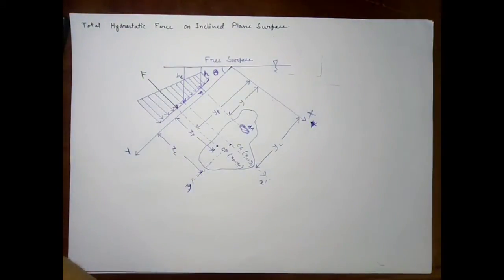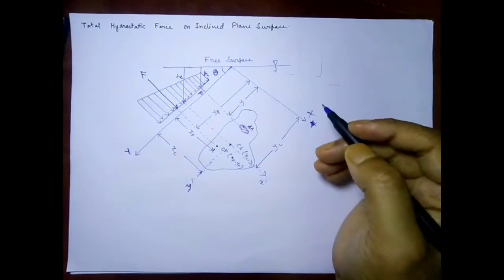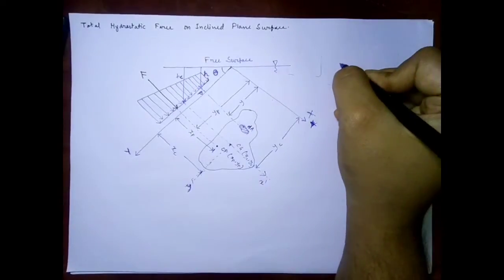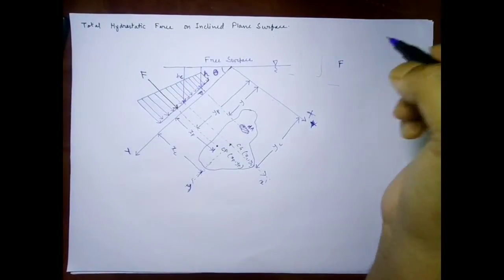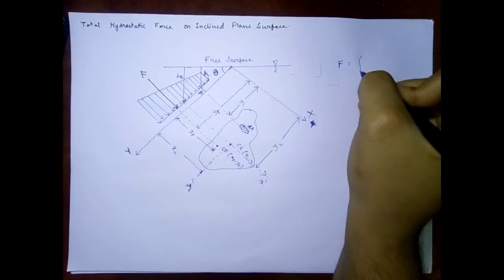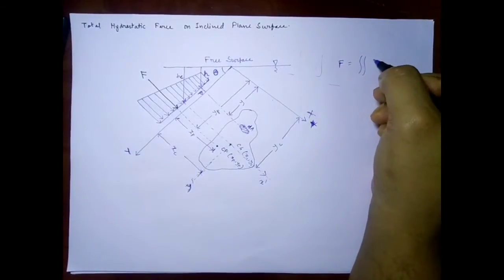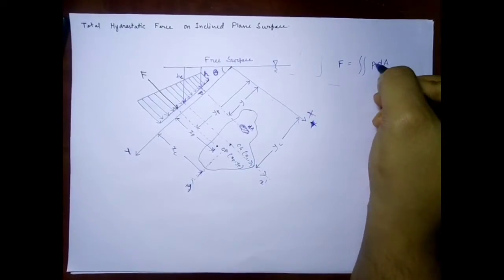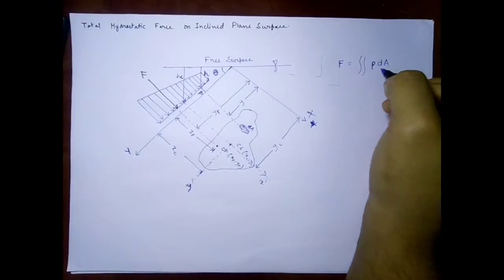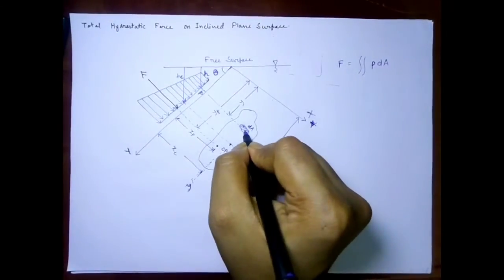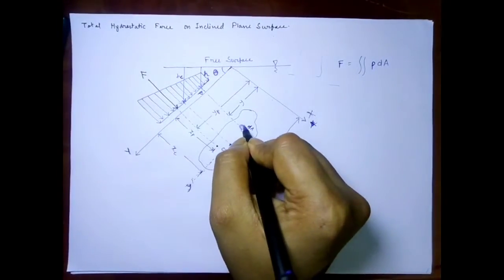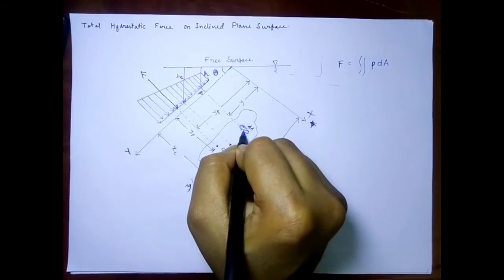We can write that the force will be the integration of p times dA, where small p is the pressure exerted on this small strip of area.